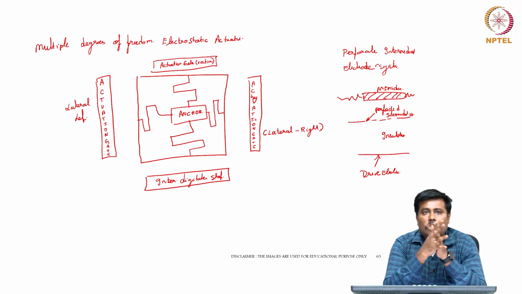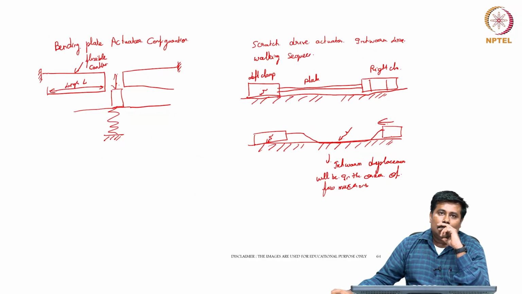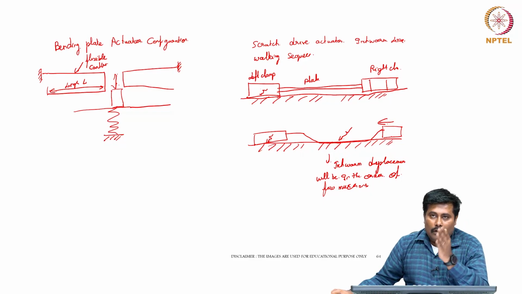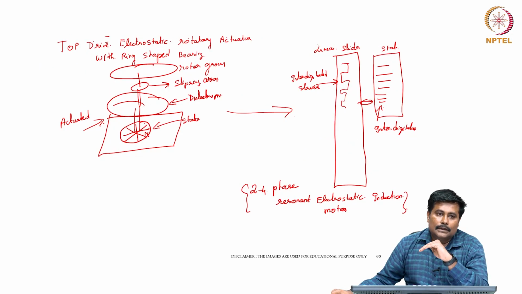So one is a multiple degree of freedom electrostatic actuator, a perforated intermediate electrostatic actuator, a bending plate actuator configuration, a scratch drive actuator with an inchworm like walking sequence. Then there is a top drive actuator, and then there is a linear slider based actuator.